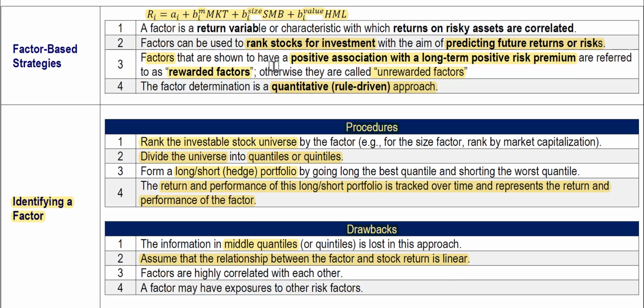Another problem: if you have a multi-factor model, like size and value, remember those factors are highly correlated with each other. This creates a statistical problem. Remember in a regression, this is called the dependent variable and these are called independent variables. Independent means uncorrelated.